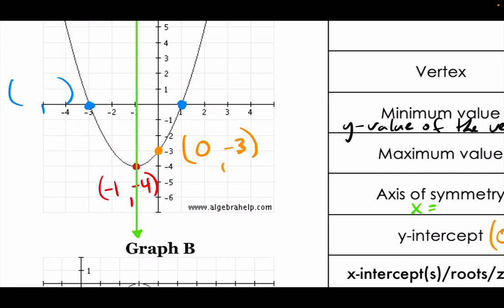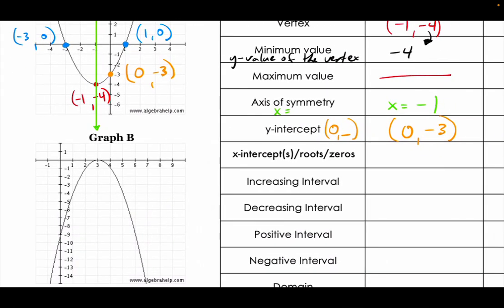So you're talking about the blue or the orange, right? So I have to give specific directions. So this guy is -3, 0. The other one is 1, 0. So I got to put both of them. Okay.